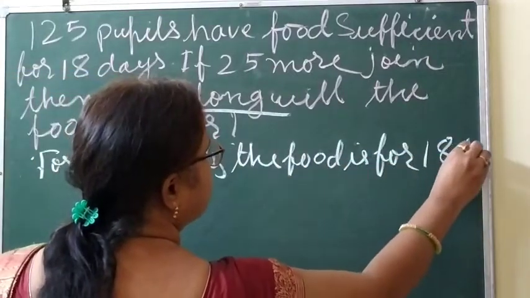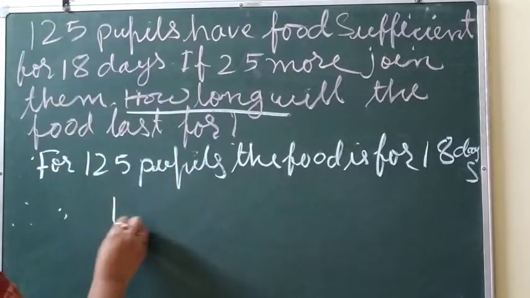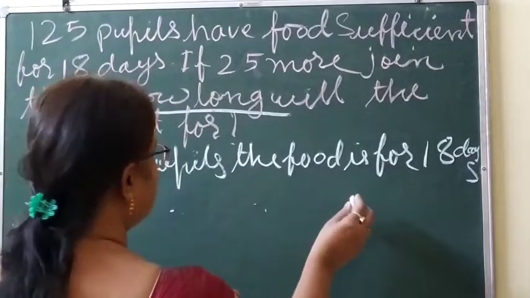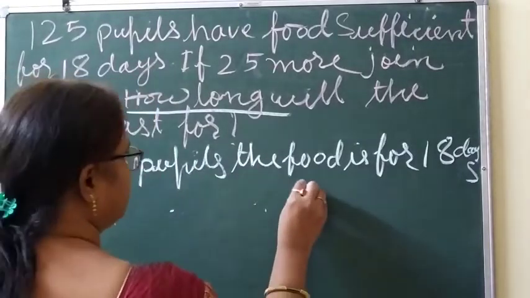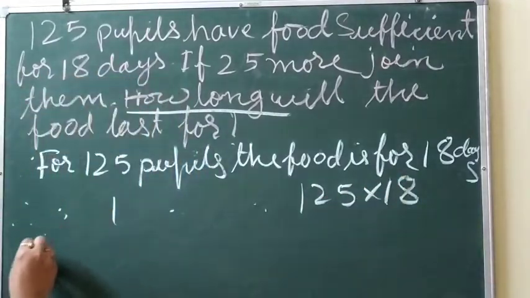Clear? 18 days. Therefore, for 1, it will be what? That same food will be for many days, so we will do multiplication. So 125 into 18.